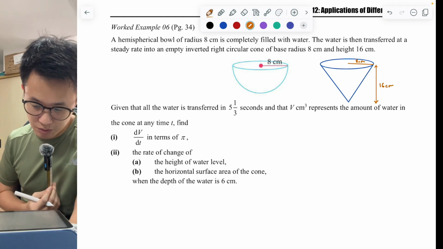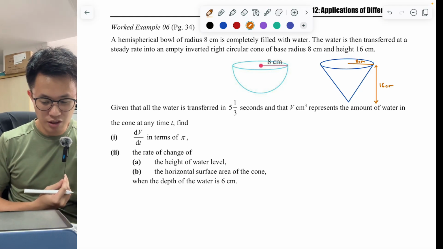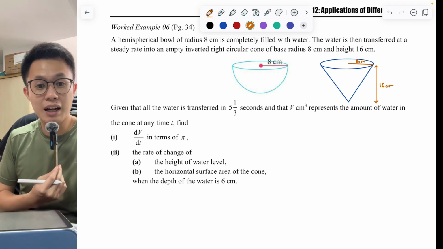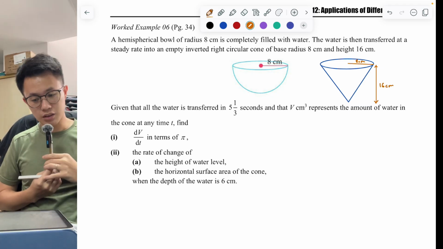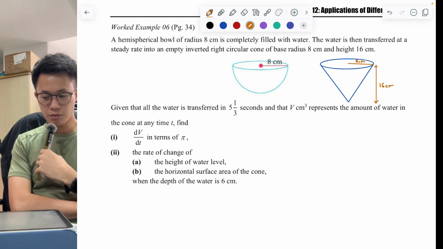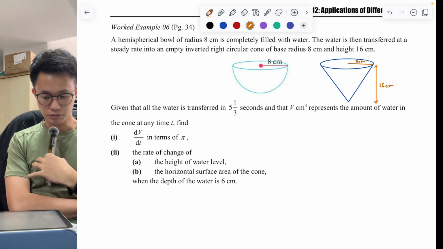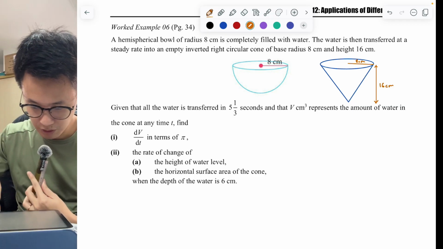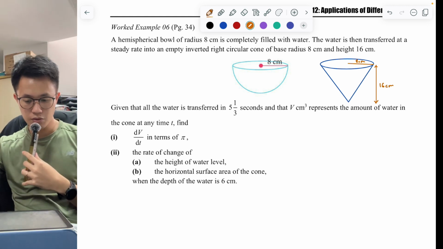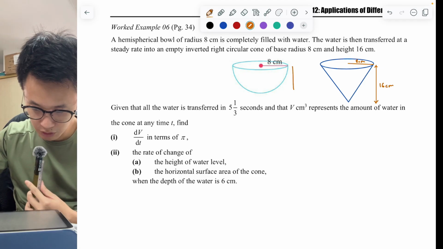Okay, so we have here that the water is transferred in 5 1/3 seconds, right? And 5 1/3 seconds is the total time taken. Okay, so what I'm going to do is very simple. V represents the amount of water in the cone at any time t. Because we don't really know the height of the... Oh, actually we do know one thing.